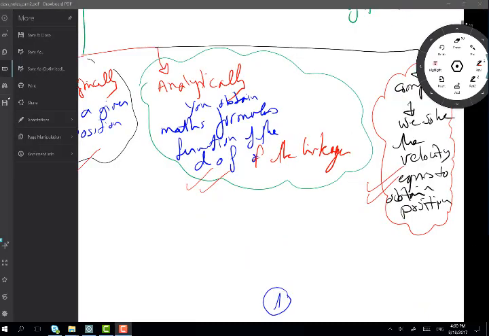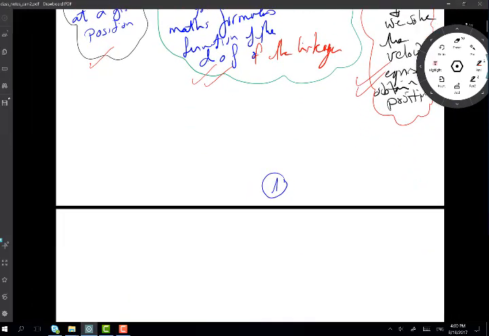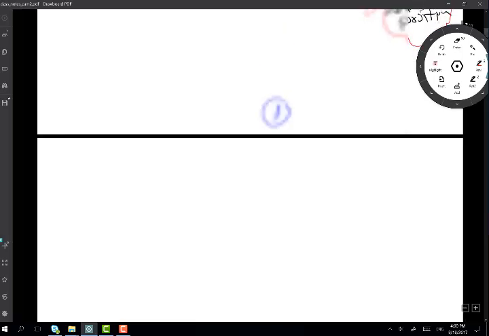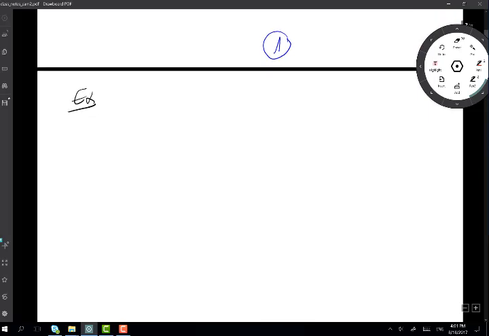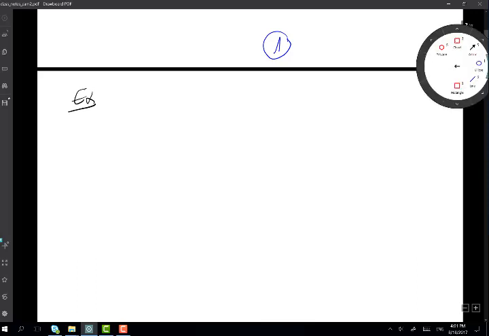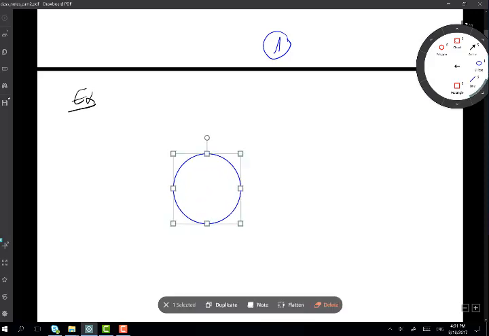We can now start looking at some graphical examples, just quick ones. Here I have the slider crank linkage. Let me try to insert a line here, or insert a circle, and see if this would work.